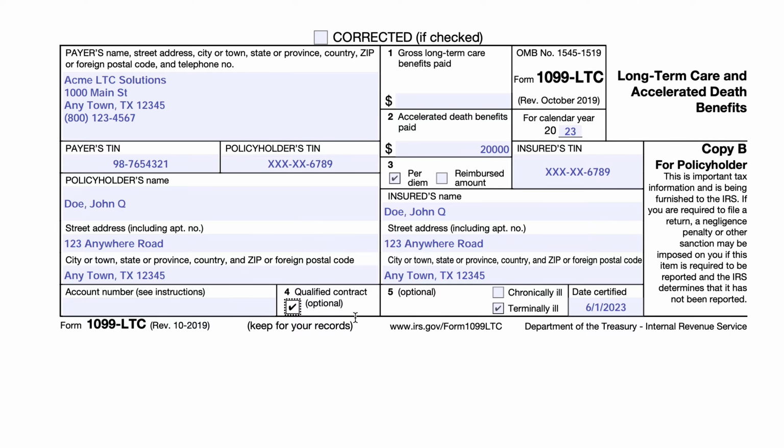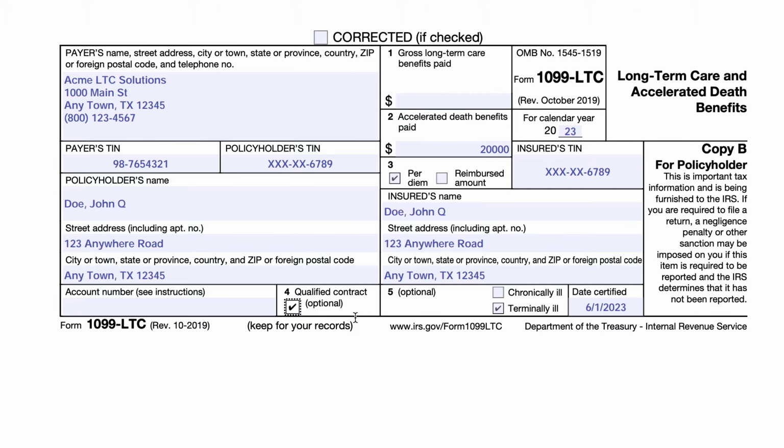And the IRS defines qualified contract in one of two categories. For contracts issued before 1997, a long-term care contract is generally considered to be qualified if it met the state law requirements for long-term care insurance contracts when it was issued, and if the contract has generally not been materially changed.